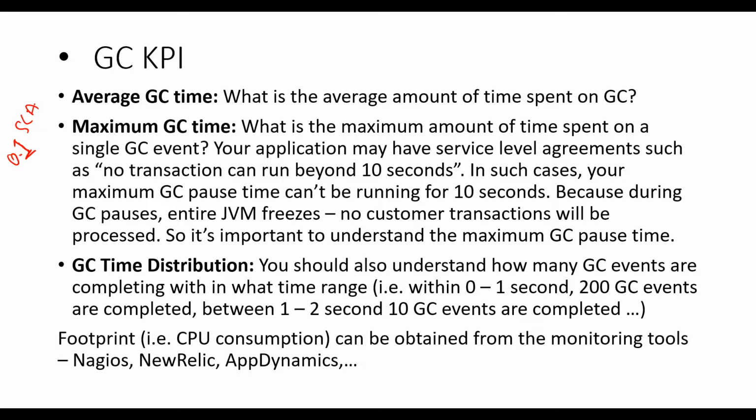If the maximum GC time is greater than this 0.1 second, let's say 0.5, that is a problem, because you are expecting your request to respond within 0.1 second, but the GC is taking a maximum of 0.5 second. Ultimately your request will be terminated, or the end user who started this request will see some kind of error message. This is not acceptable for the business or the client, so it is important to measure maximum GC time as well.